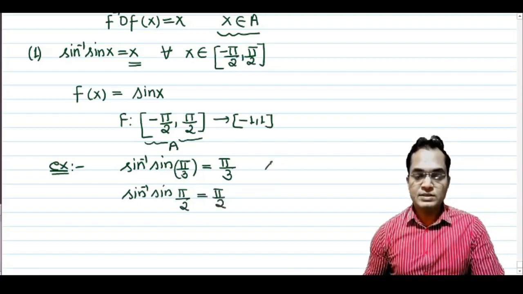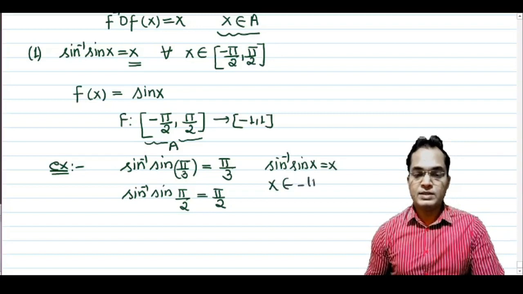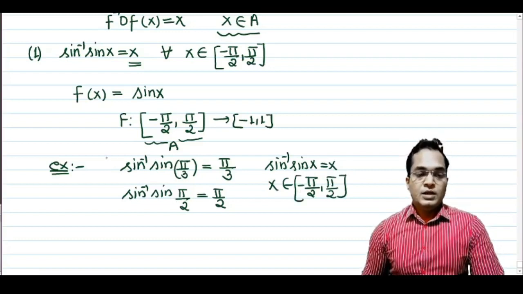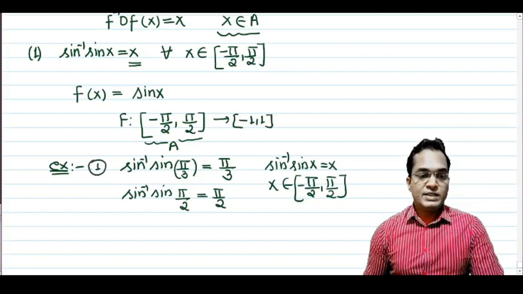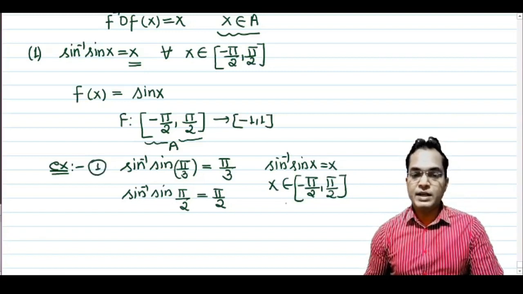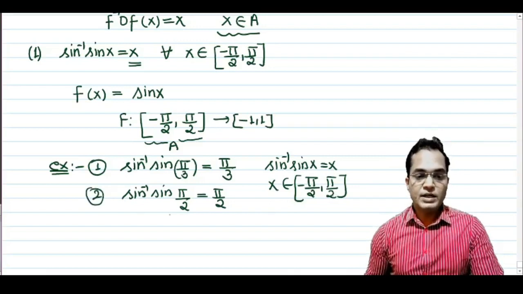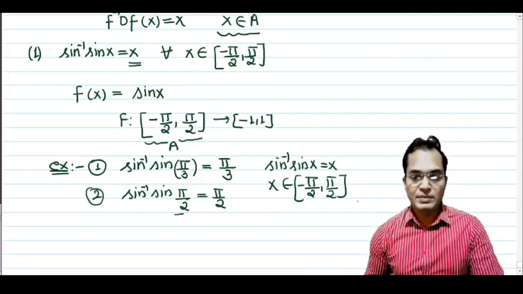Because sine inverse sine x equals x when x belongs to minus 90 to 90, and it is closed. The basic theme is this. In the first example, pi by 3 lies between minus 90 to 90. In the second example, pi by 2 is itself pi by 2 here.